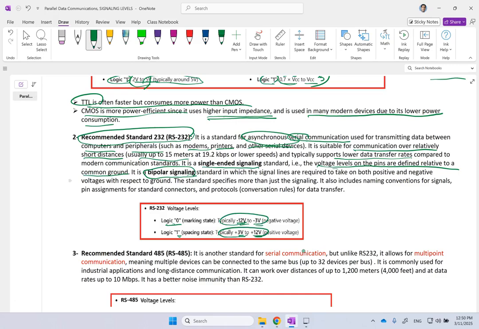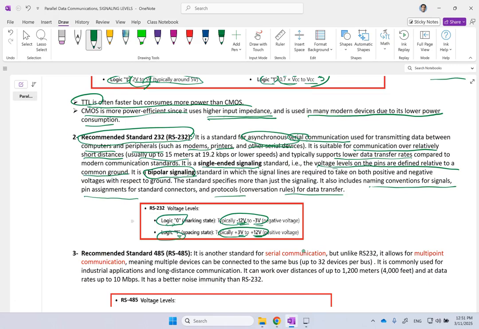As I said, each one of them is a can of worms, so we could make a couple of lectures or more just to talk about RS-232, and that's not what I want to do. It has naming conventions for signals, pin assignments, protocols, and so on, for data transfer. All of them are provided in RS-232, not just saying logic 0 is negative 12 to negative 3, and logic 1 is positive 3 to positive 12.